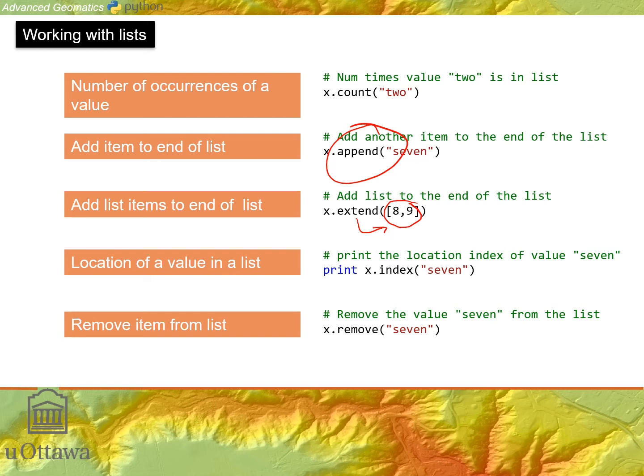We can get the index of a value in the list. So if you're looking for a particular value in a list, whether it be numeric or whether it be a character, you can search for it, saying list.index and then value. Likewise, we can remove elements from a list by name.